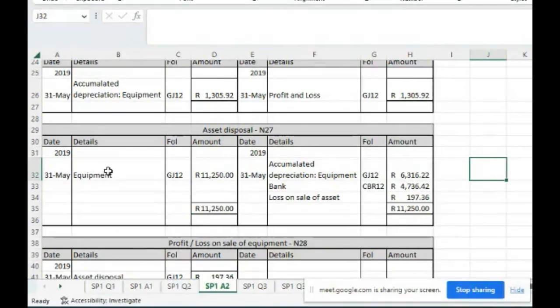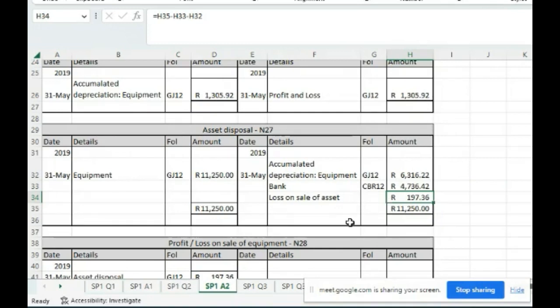If we look at the debit side, it is clearly a little more than the credit side, and so this loss on the sale of an asset is the balancing transaction to make it balance. And so we know that we made a loss on the sale of an asset there.